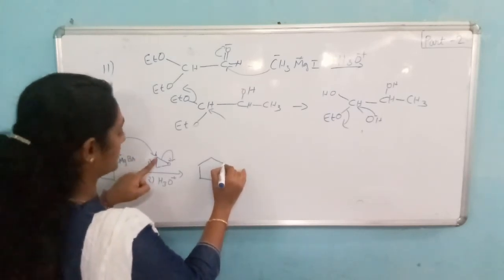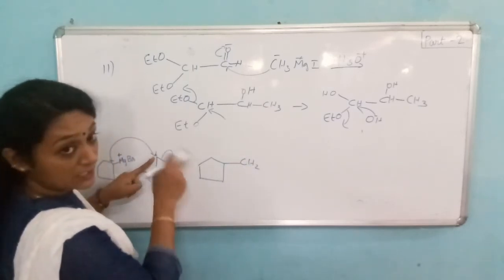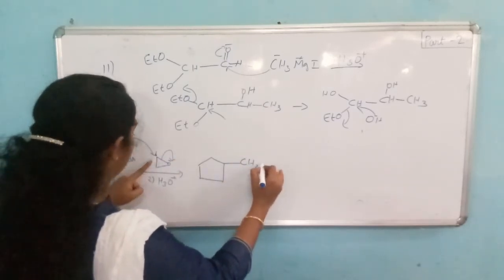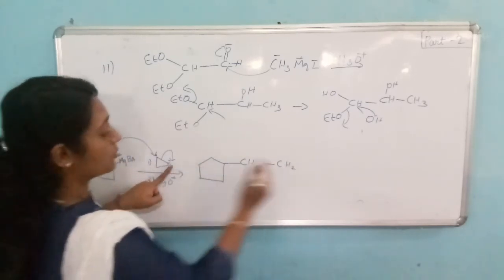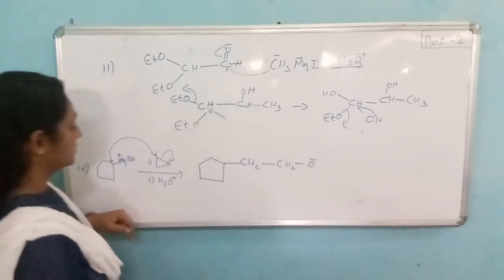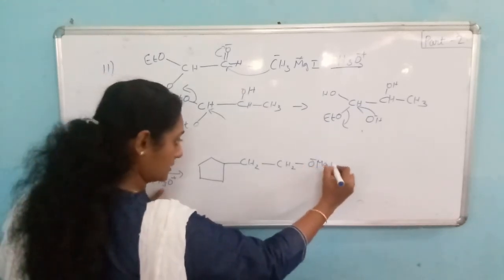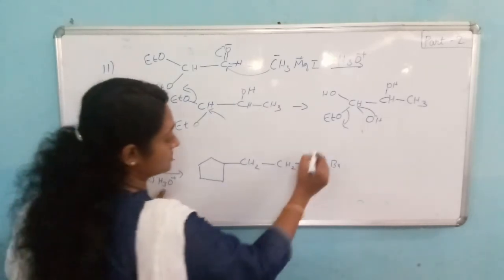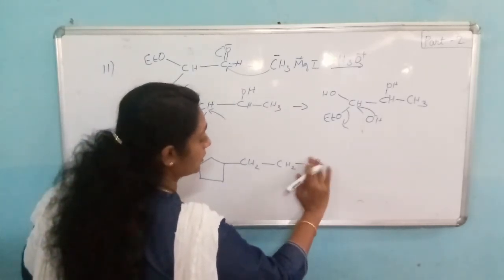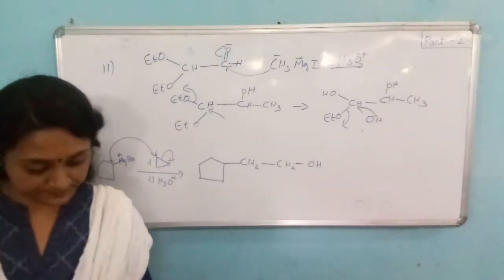This carbon attacks the CH2, this ring opens, and again the CH2, and the CH O minus is there. Okay, and after that MgBr comes here, and the second process is hydrolysis. We get OH. This is the product. Okay.